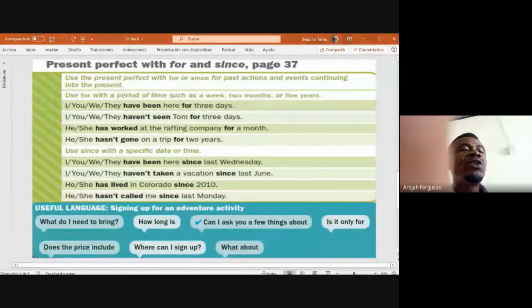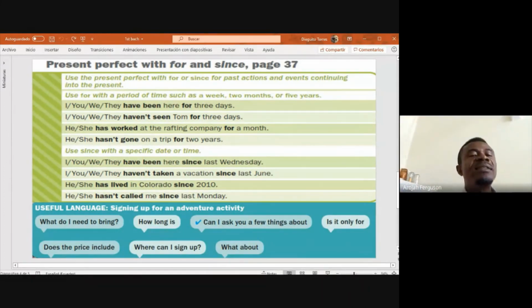Basically, we focused on present perfect, the use of since and for. Another version of the grammar focused on present perfect, the use of yet, just, and already. Then, of course, the useful language.